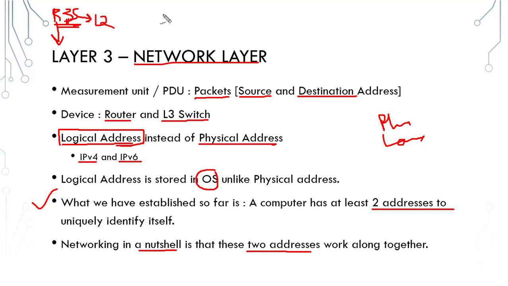So in a nutshell, networking is actually done at layer 2 and layer 3. These are the two layers that we will be focusing on in this series. We will touch on other layers too, but we will primarily focus on these two layers in this series of tutorials.